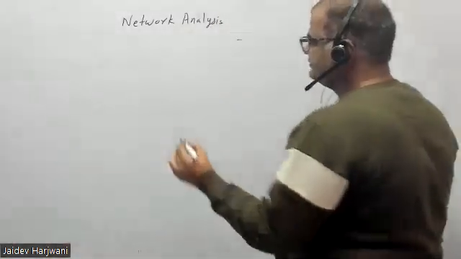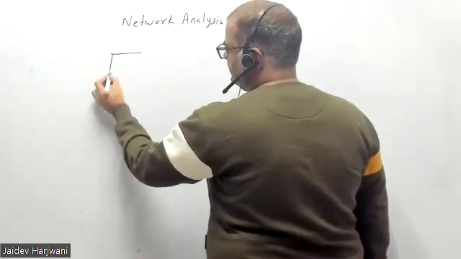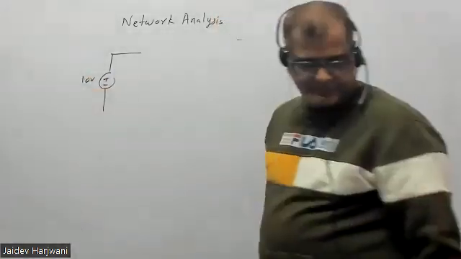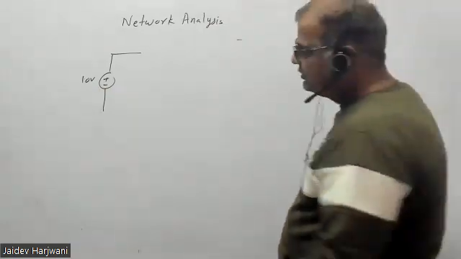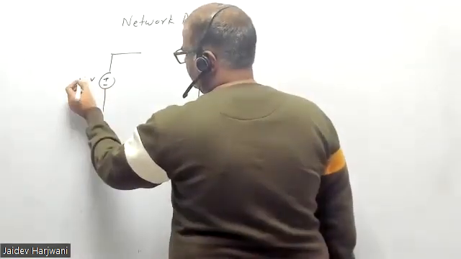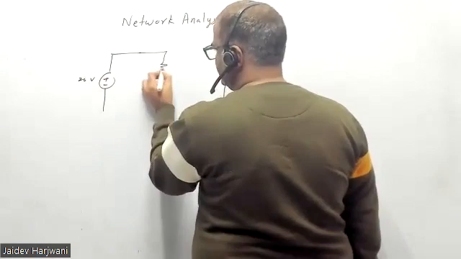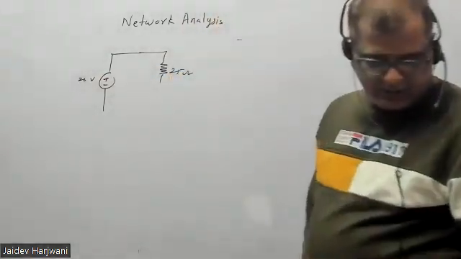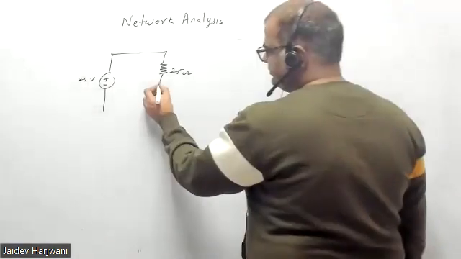Say you have a 20 volt source, and you have a resistance here, say 25 ohm, and then a 15 ohm.